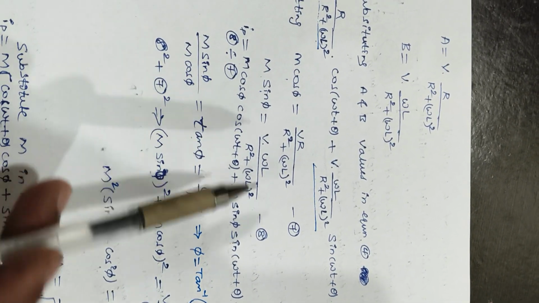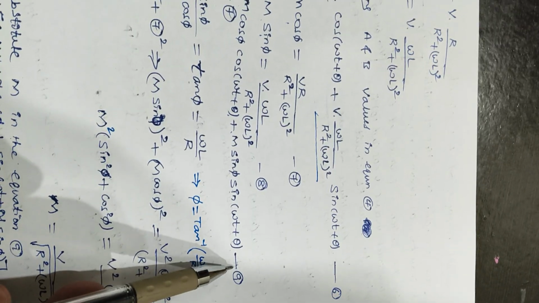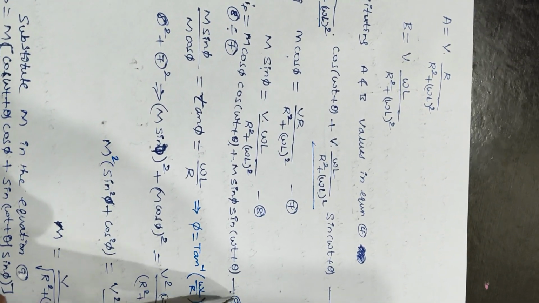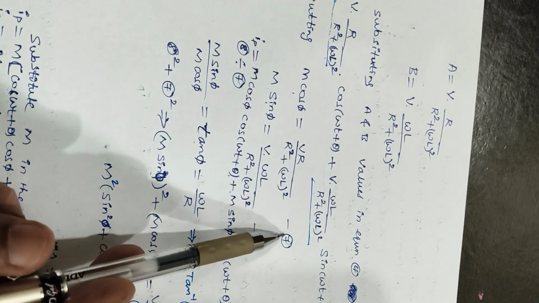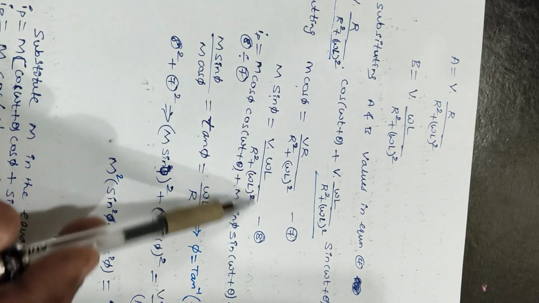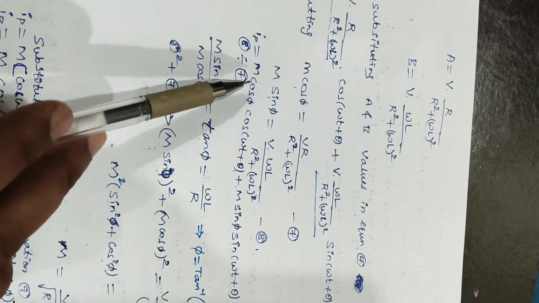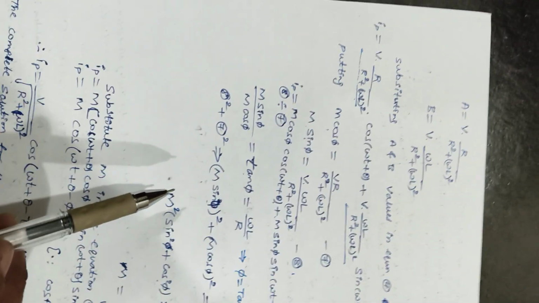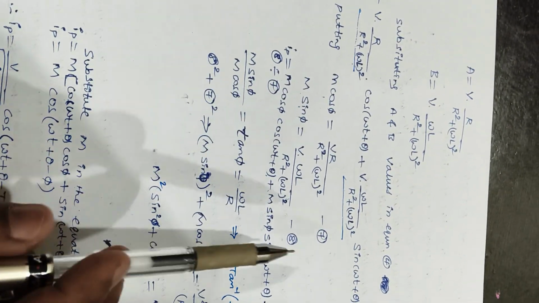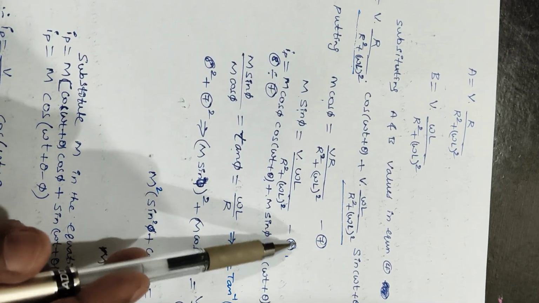Now I am assuming this as the ninth equation. m cos φ is the seventh equation, m sin φ is the eighth equation. To find out this φ or this m value, I am dividing 8 by 7.